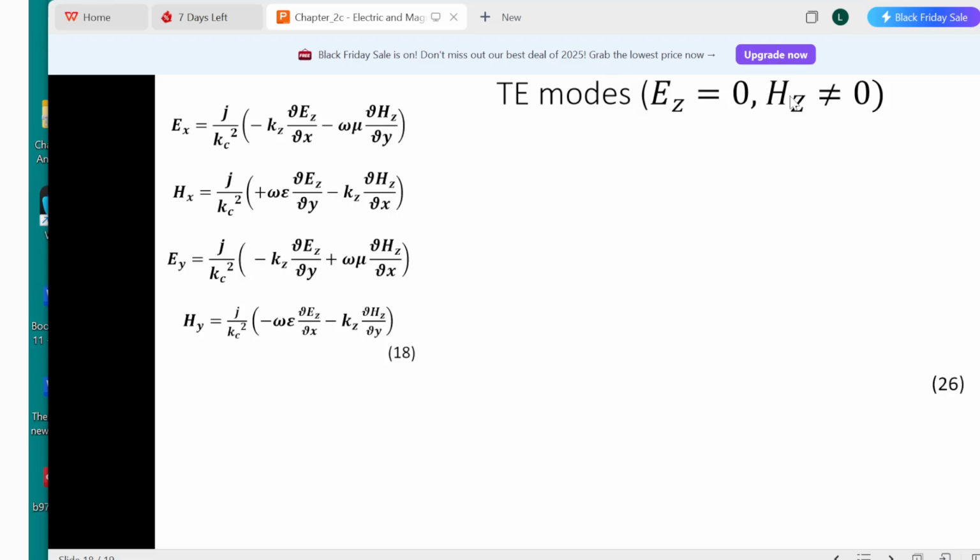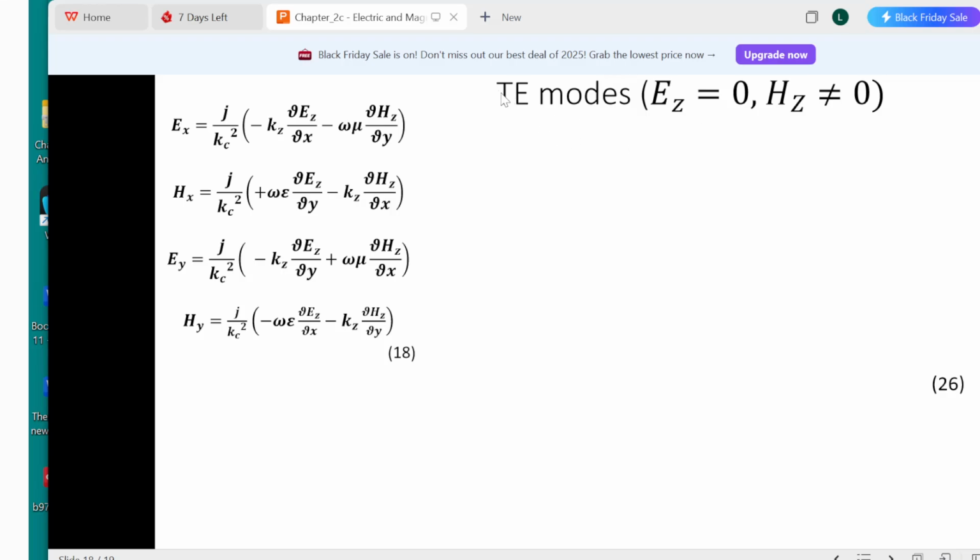For example, when we deal with TE modes, by definition, TE modes is the mode with no longitudinal electric field. So E of z is 0.